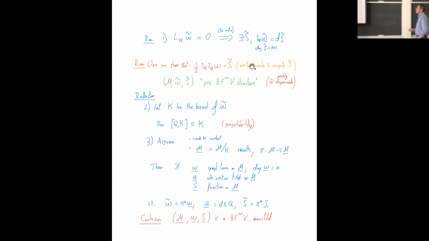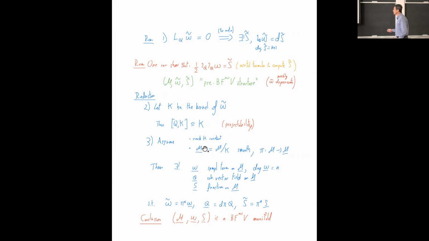But if you don't like working with the degenerate structure, you can try to do a reduction. You can take the kernel of this two-form omega twiddle and go to the quotient. If the quotient is smooth, then on the quotient you will have a BFV structure, and the reason is that since Q is Hamiltonian, it's automatically projectable. It's an immediate algebraic consequence.